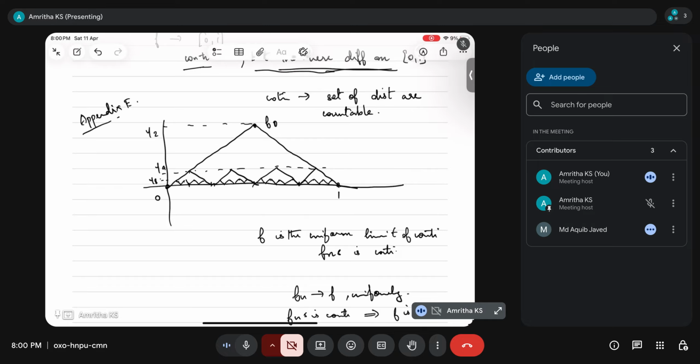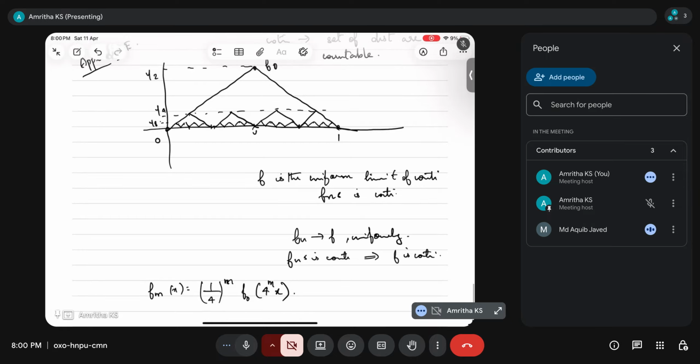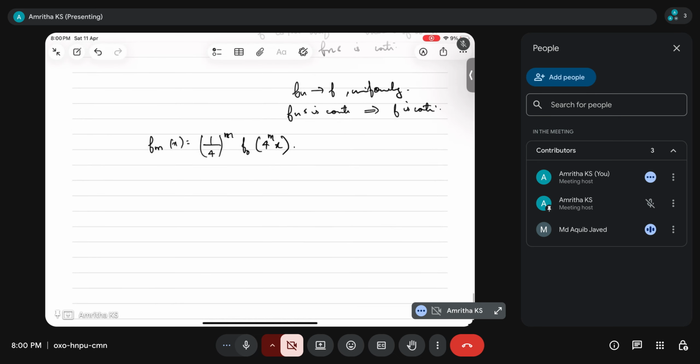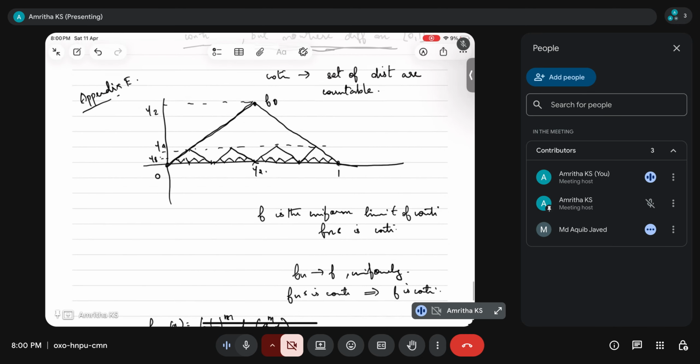So you are taking f_m equal to this, where f0 is a continuous function, like this big mountain. This is not differentiable at 1 by 2.